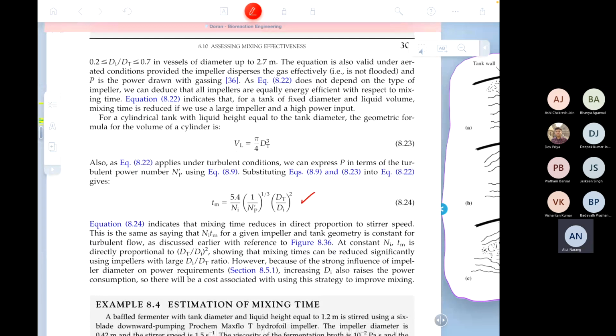If you do an experiment in a shake flask, or if you do it in a 10,000 liter reactor, the kinetics will be the same, provided you can maintain the same conditions. By that I mean that if you go from 1 liter to 10,000 liters, if you can maintain the same dissolved oxygen levels, the same pH, the same concentration of sugar in a 10,000 liter tank, there is no reason why the cells will grow any differently.